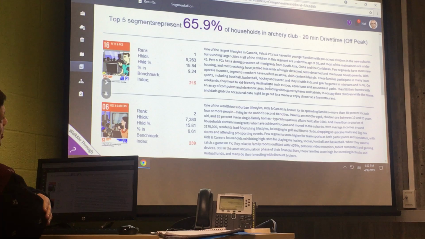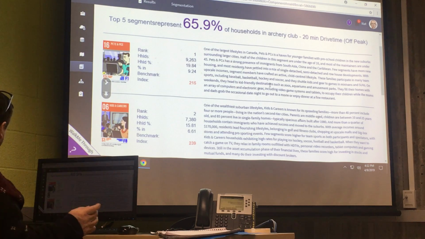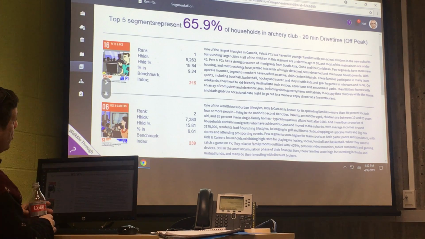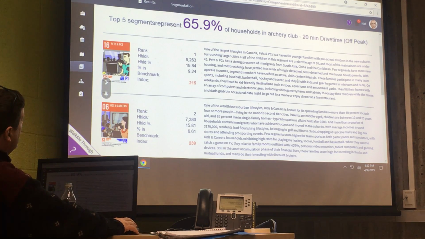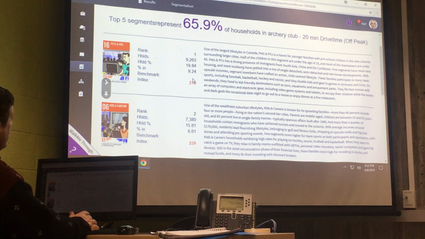Pets and PCs is a haven for younger families with preschool children in the new suburbs surrounding a larger city. That sounds like the area we're talking about. So half of the children in the segment are under the age of 10. And it says here, the index 215.